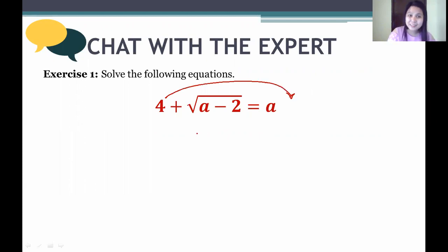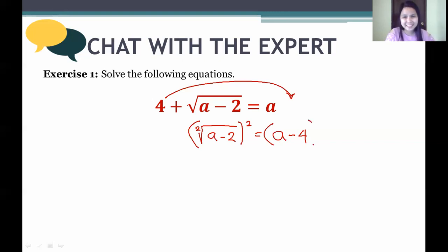So what's left is a radical a minus 2 equals, on the other side is a minus 4. Now, we have a radical on the left side and the index is not written. So we know that the index is 2. So we raise the left-hand side to 2 and we also raise the right-hand side to 2.